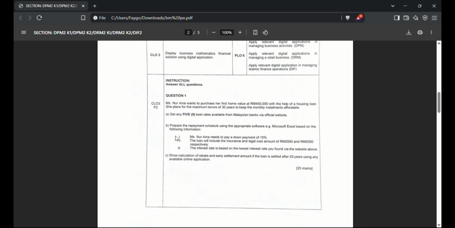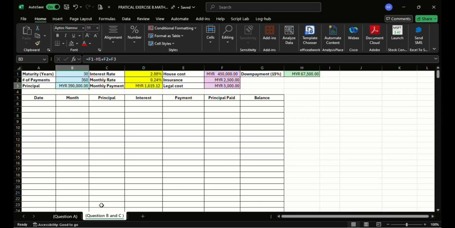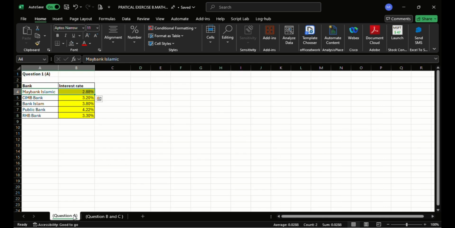For information 3, the interest rate is based on the lowest interest rate you found via the website above. For this, go to question 1A and look at which one is the lowest interest rate you got, which for mine is 2.88%.